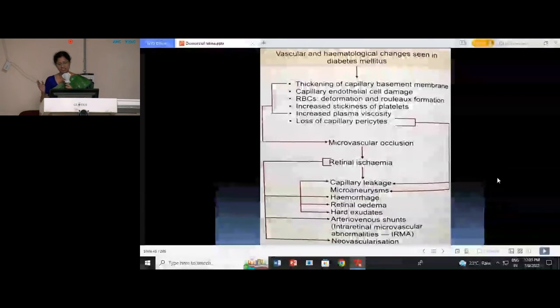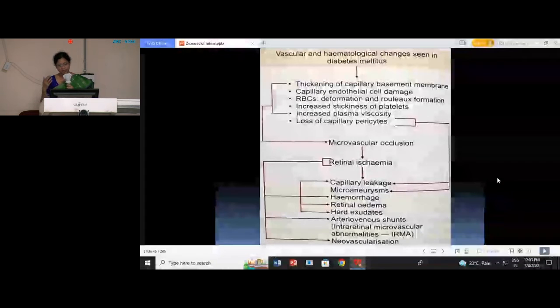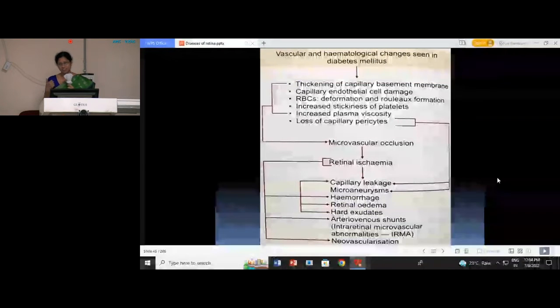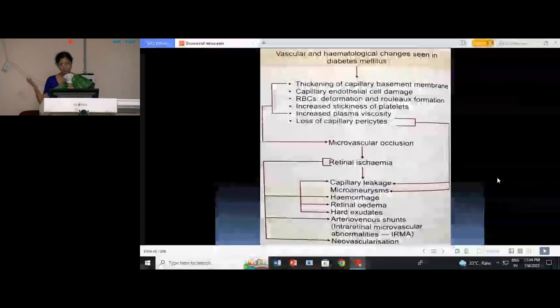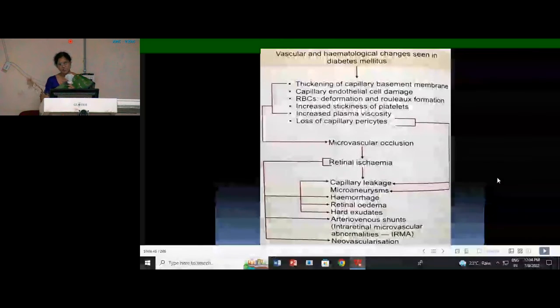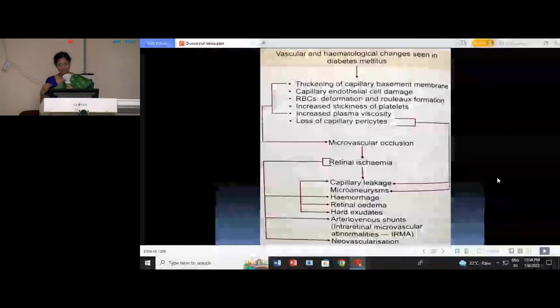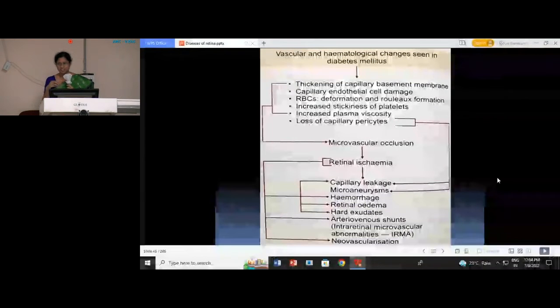The other pathological change that occurs is capillary leakage. So, the first one is the occlusion and the other one is the leakage. Occlusion leads to retinal hypoxia, which leads to the formation of intraretinal microvascular abnormalities and new vessels. And then capillary leakage: we have seen that there will be loss of pericytes within the endothelium of the vessels.